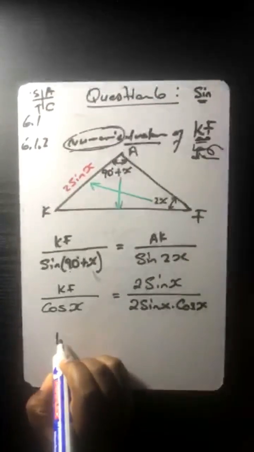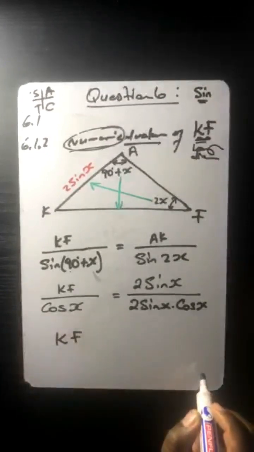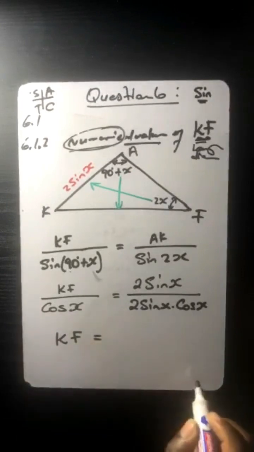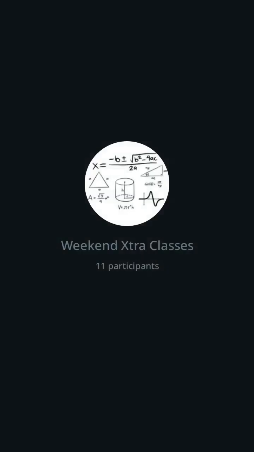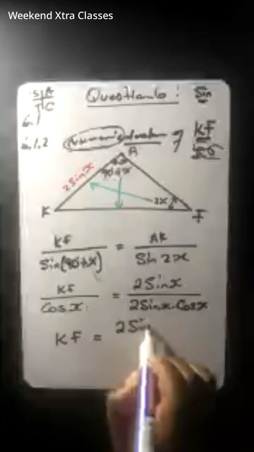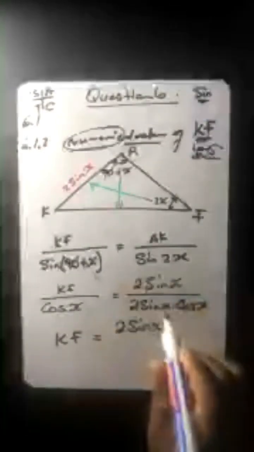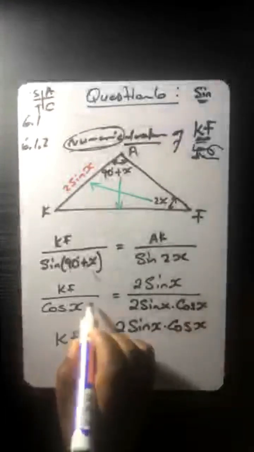So that means KF is going to be equals to, obviously we cross multiply. Then we are having 2 sine of x being the whole of that, multiplied by cos of x being that one.